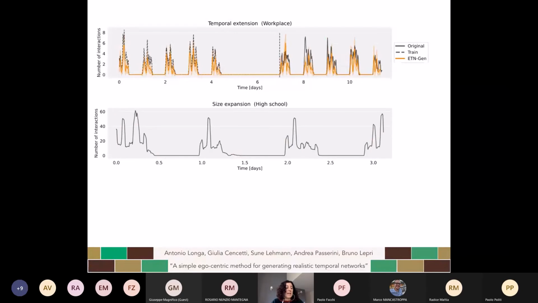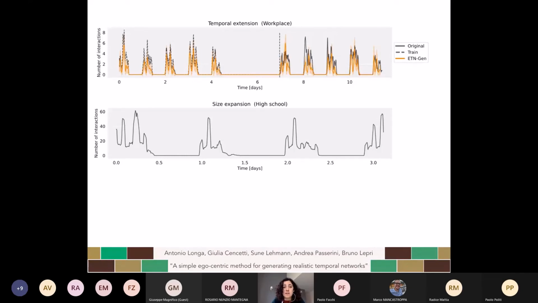Then another application is the size expansion, which involves expanding the number of nodes in our network. Again, think about a simulation of a spreading event. If we have a very small population, it is impossible to see the real effect of spreading.